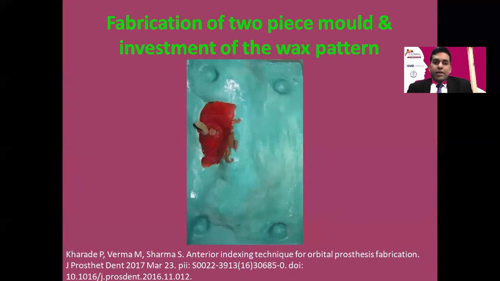So you can apply a soap solution on the wax pattern so that the surface tension of this wax will be reduced, and the stone which will be applied for the fabrication of the second part of mold will have close adaptation with this wax pattern.